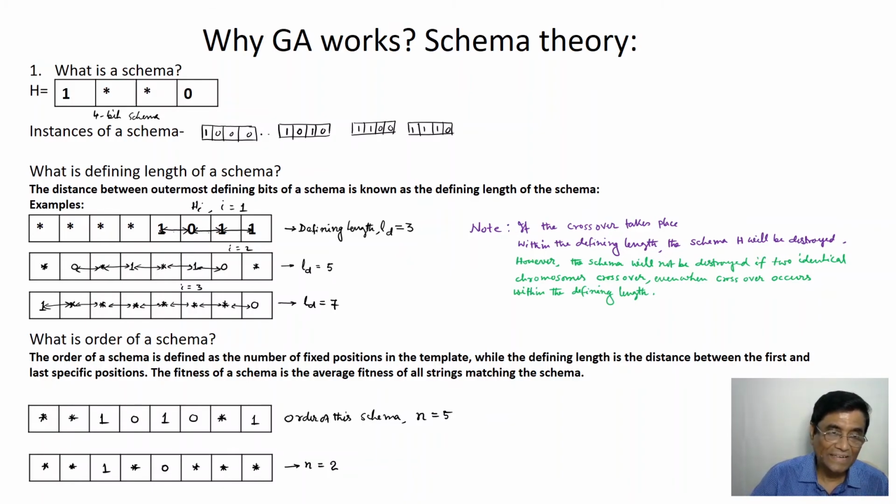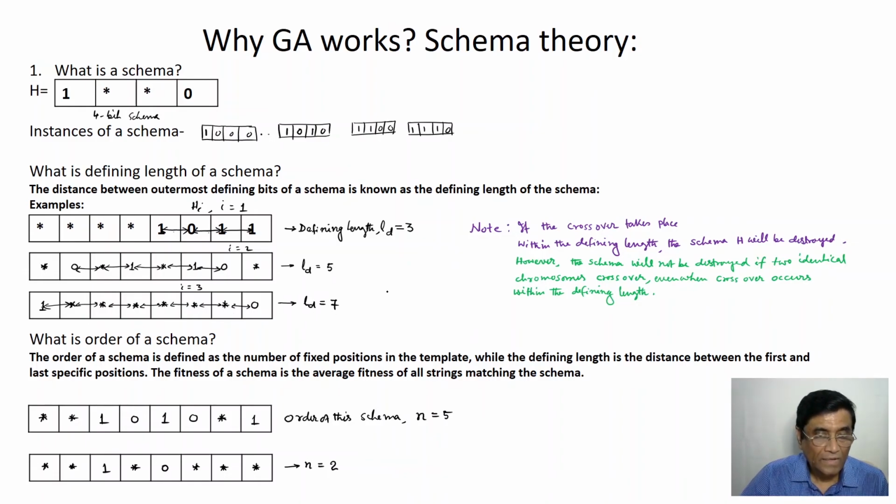That's the reason that the shorter the defining length, the better the chance it will survive crossover, right? However, the schema will not be destroyed if two identical chromosomes cross over, even when crossover takes place within the defining length. Whatever crossover takes place, the schema will retain its identity.